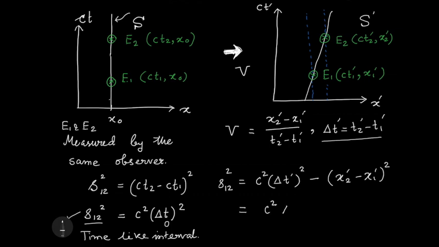If I manipulate a little bit, say I take c square delta t prime square common, then what I get inside is 1 minus, I get a c square in the denominator, obviously, in the second term. And what stays at the top is x2 prime minus x1 prime square by t2 prime minus t1 prime square, which is nothing but v square.